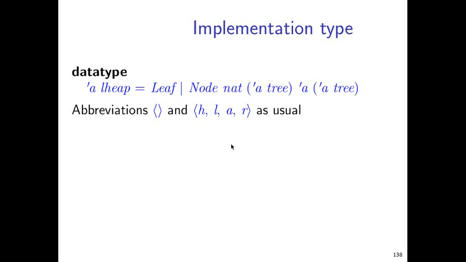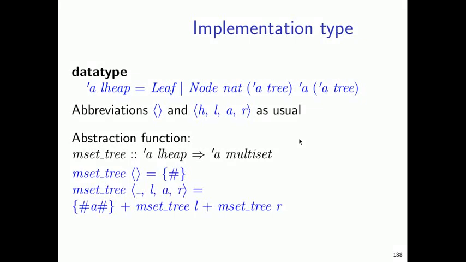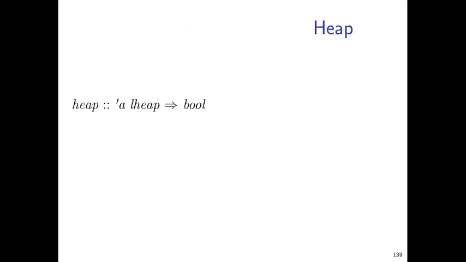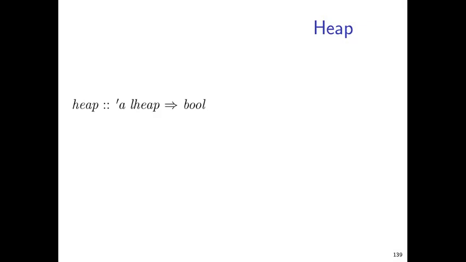We use this age, or rank, or height here, but this should be R for rank as abbreviation. Abstraction is no problem. It's exactly the same as we would have for trees that do not store the rank. We just ignore the rank information.